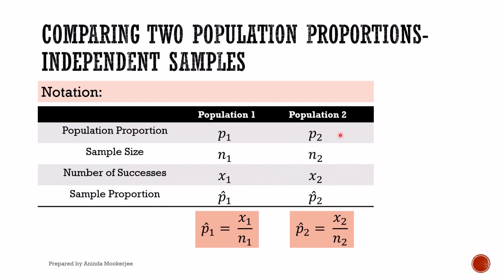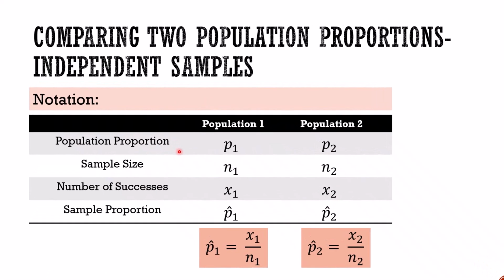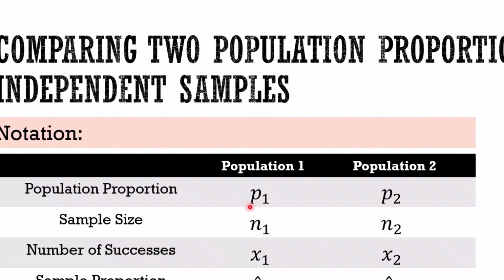For variables belonging to population 2, we will just use the subscript of 2. So for population proportion, recall the notation was a lowercase p without a hat. So we will just indicate p sub 1 as the population proportion for population 1, p sub 2 for population 2. Likewise, the sample size is going to be indicated with n sub 1 and n sub 2 for each of these populations.